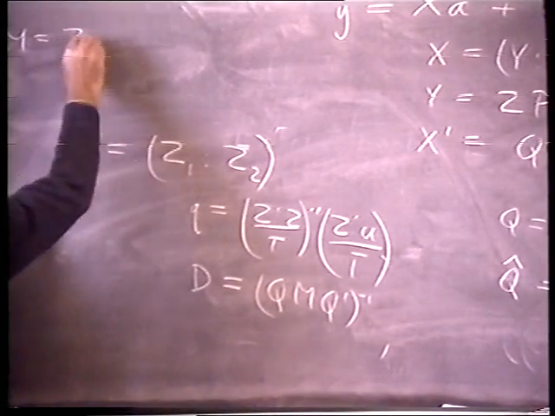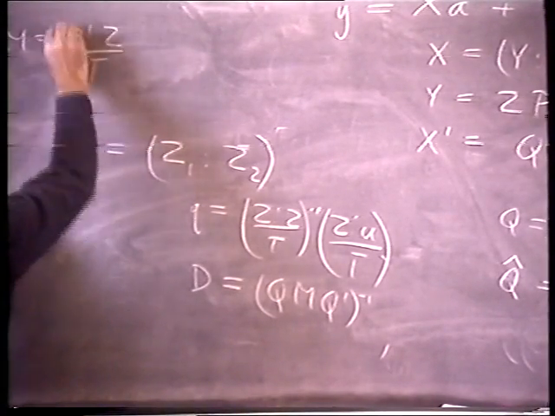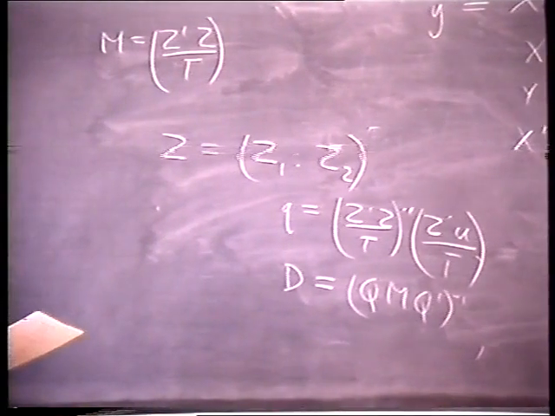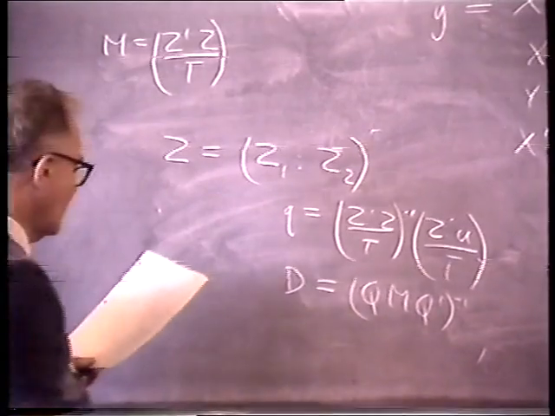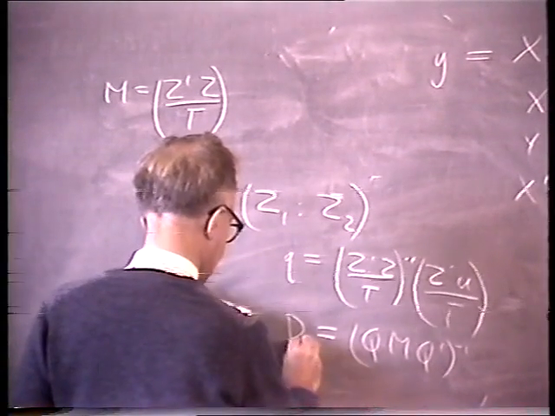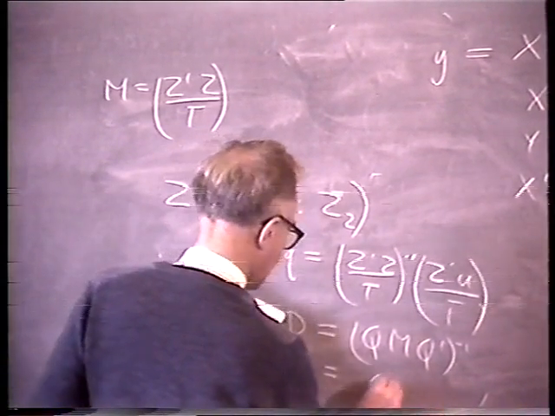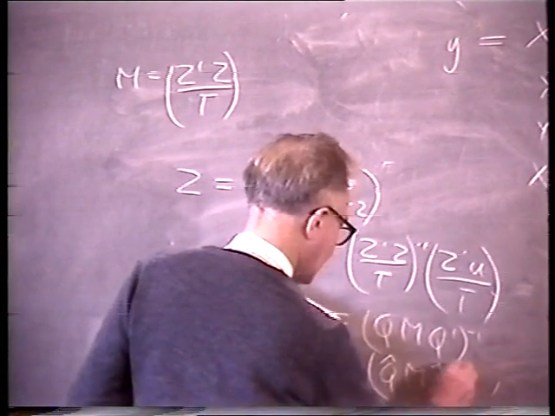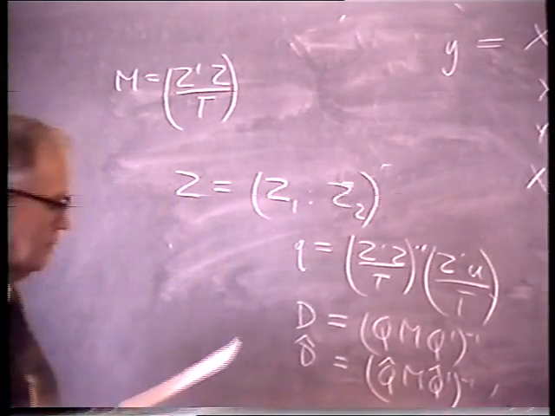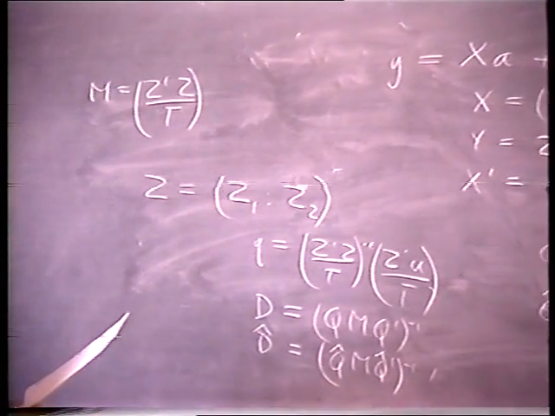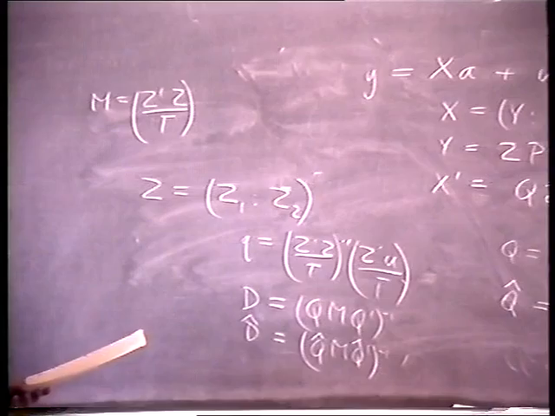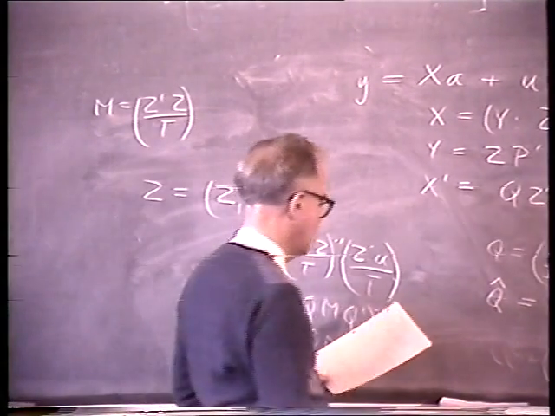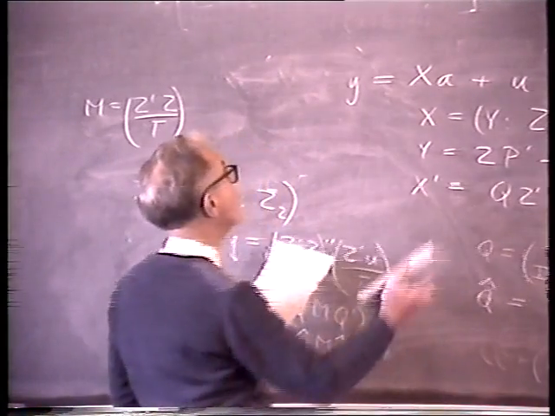M is in fact what I'm using for Z prime Z upon T. And D hat to mean (Q hat M Q hat prime) inverse. Well, that's the notation that I'm going to be using.